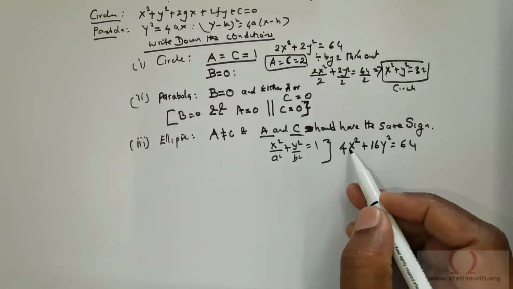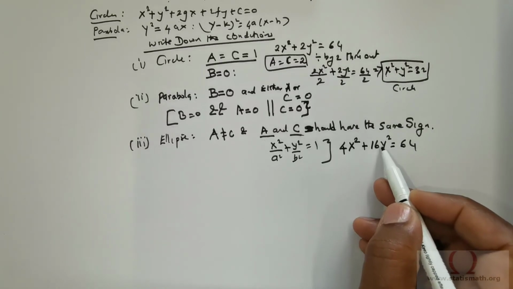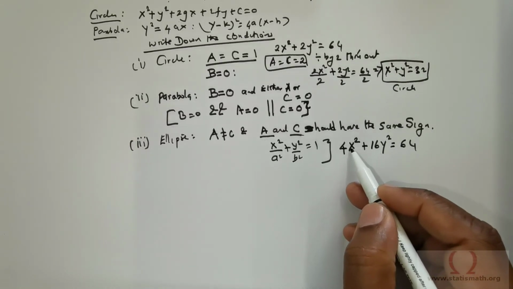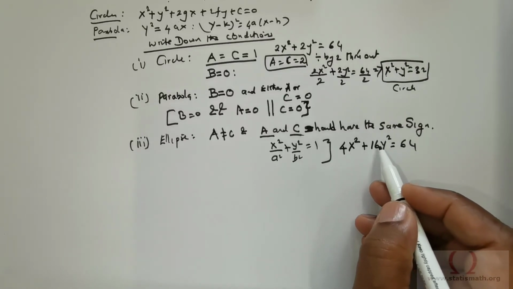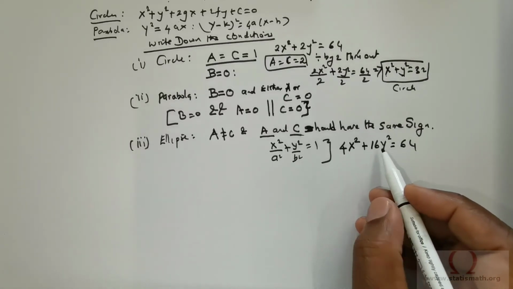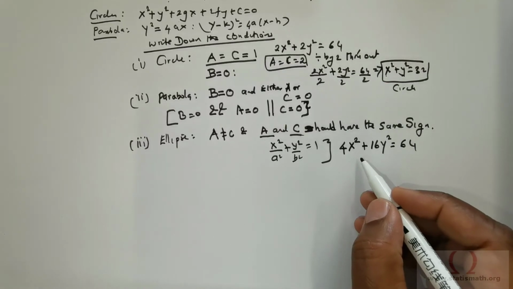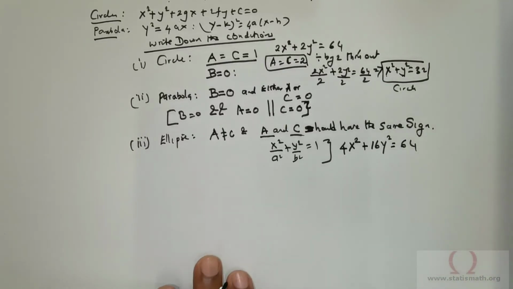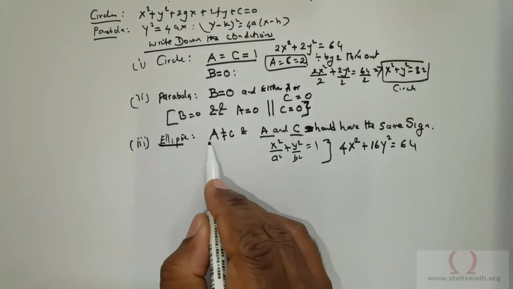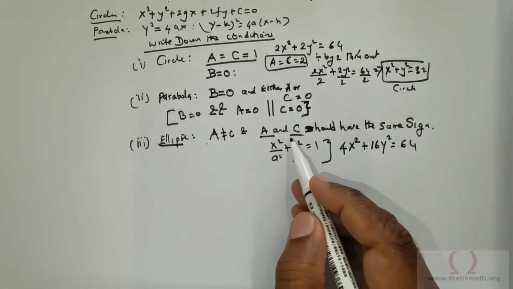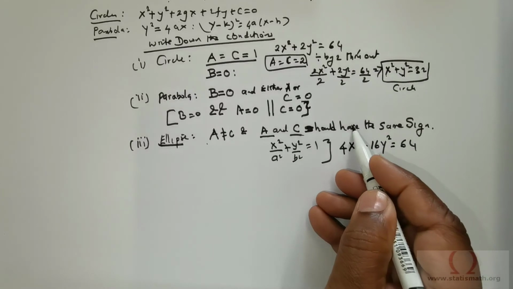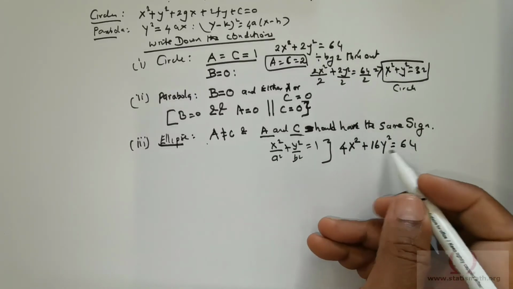Clearly we can see the signs of x squared and y squared are the same, but the coefficient with x squared and the coefficient with y squared are not the same. So this is what they are talking about for an ellipse. a and c should not be equal to each other, and a and c should have the same sign.